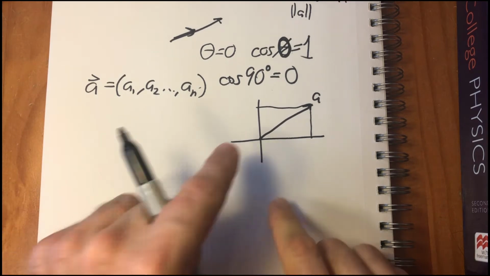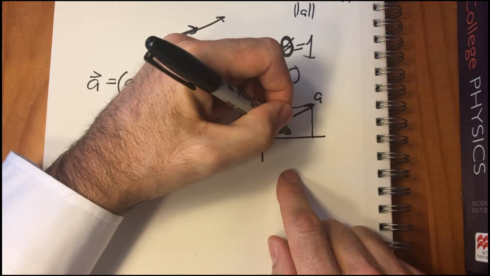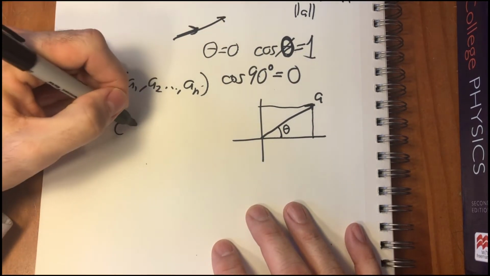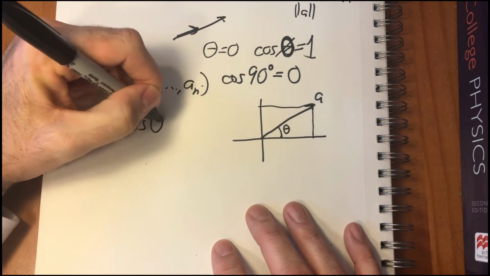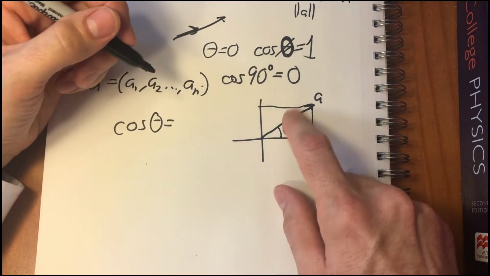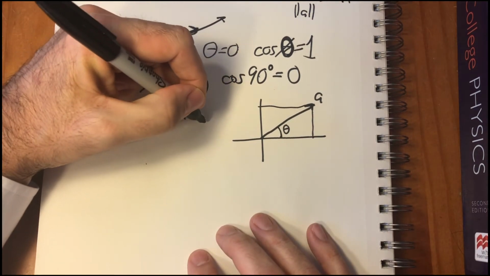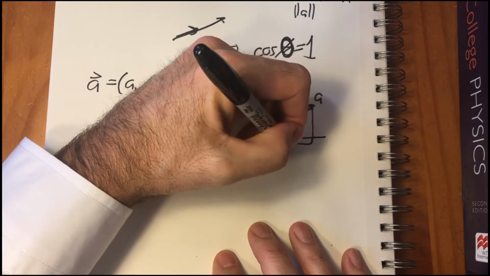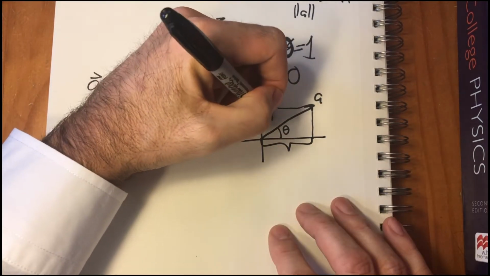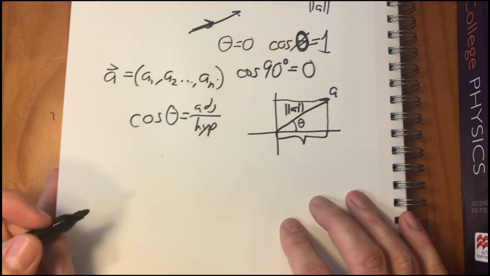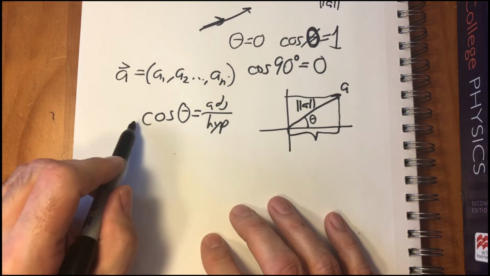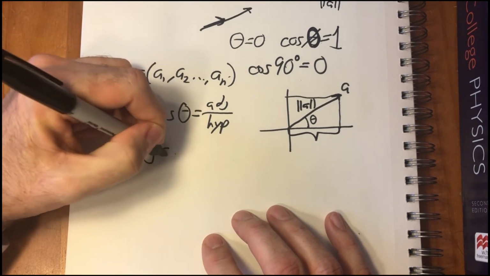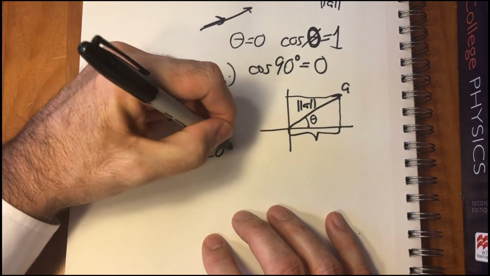So if we have an angle theta here, the definition of cosine is the adjacent over the hypotenuse. We all learned that as well. So it's this distance over the length of A, right? So if we multiply the hypotenuse over to the other side, we end up with adjacent equals hypotenuse times cosine.